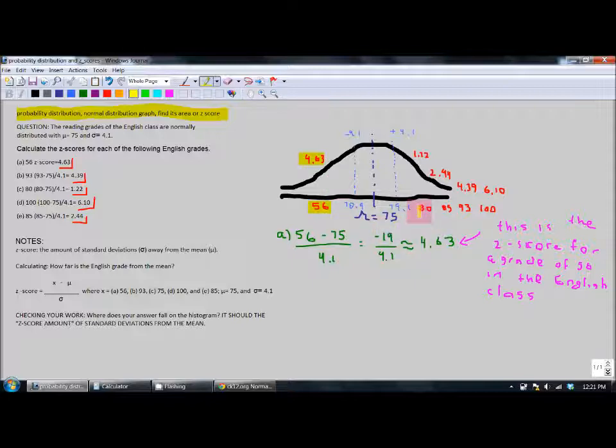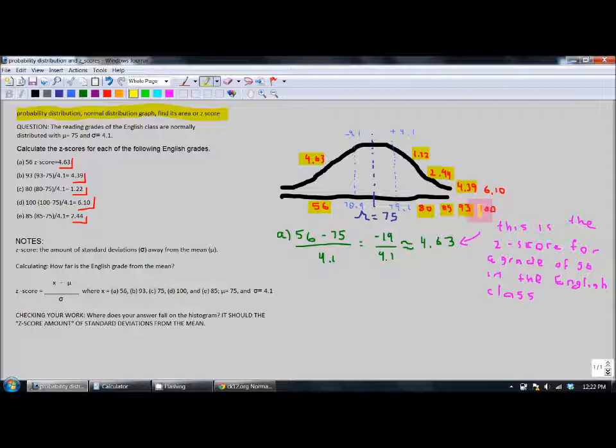A score of 80 means that you have a standard deviation of 1.22 above the mean. A score of 85 means that you have a standard deviation of 2.44 above the mean. A score of 93 means that you have a standard deviation of 4.39 above the mean.